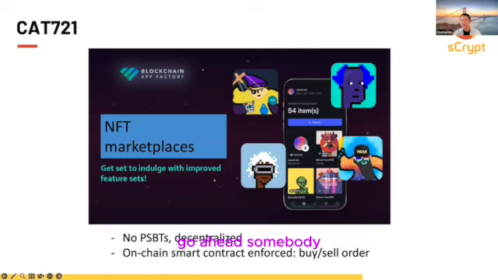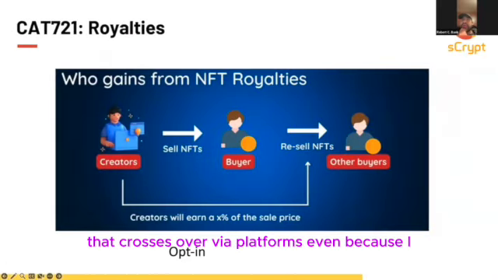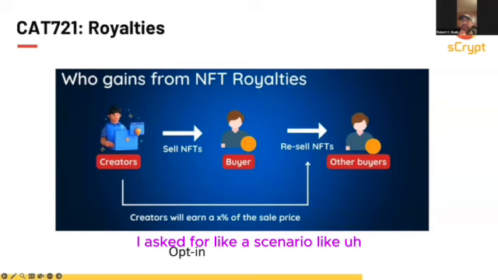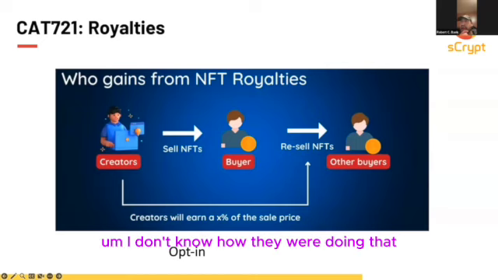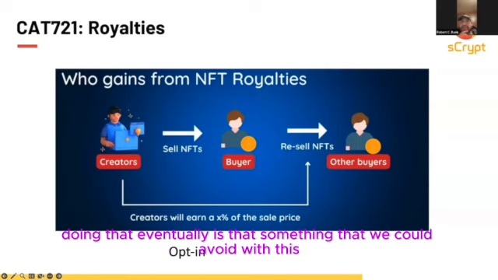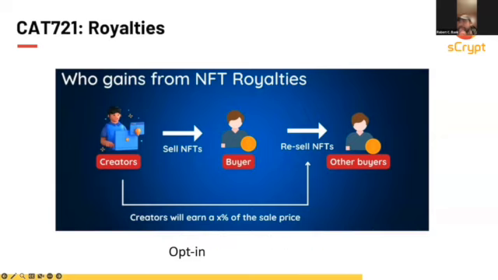Go ahead, Robert. Yeah, I just wanted to ask about the royalties, whether that crosses over via platforms, because eventually OpenSea started to not honor royalties. I don't know how they were doing that, but they were. Is that something we could avoid with this system, so it crosses over no matter what platform it's at? It just has to honor it. Yes.